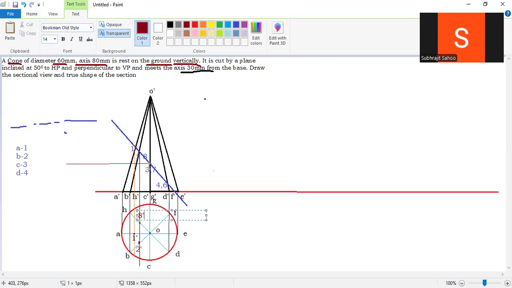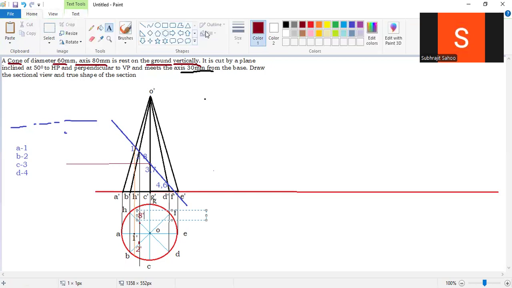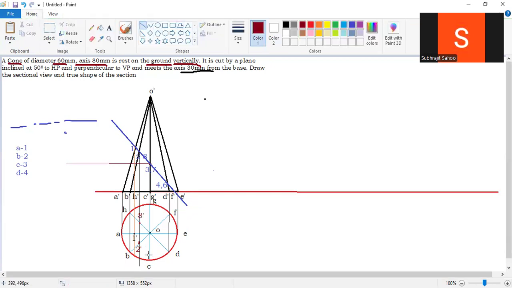Same way, 3 and 7. Observe, sir. Where will the point come? It is a very difficult task, because if I draw the projection line from 3 and 7, this is the OC generator. If I draw the projection line here like this, observe, it will coincide with the generator itself.